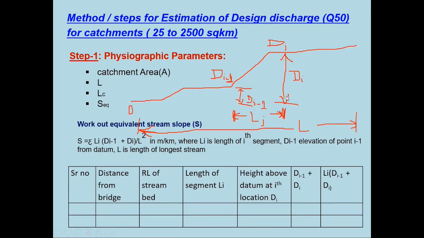Here d and Li are in meter, and the total length, which is L, ends at the highest point. Then this is the length L multiplied by L square, which is in kilometer, giving the statistical equivalent stream slope.